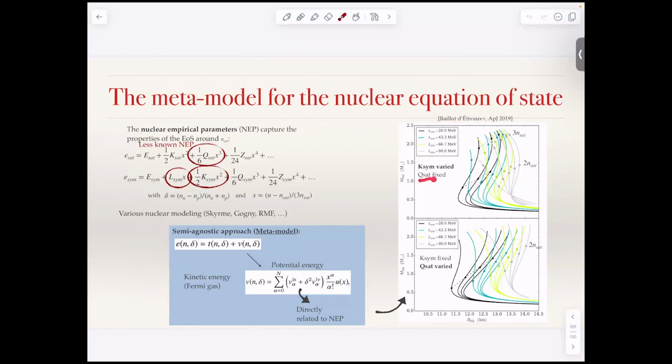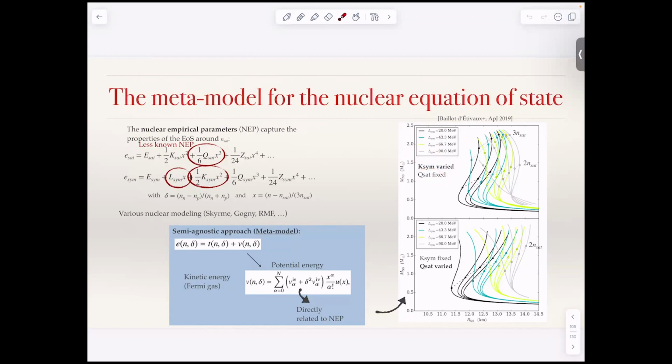So this parameter Qsat, which is there, which is a skewness parameter, is fixed. Okay, and the different colors represent the slope of the symmetry energy, but then the incompressibility, the curvature of the symmetry energy, is varied.